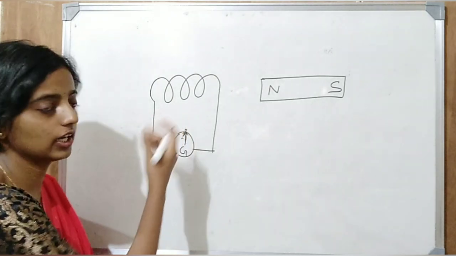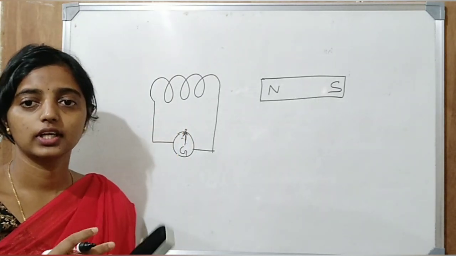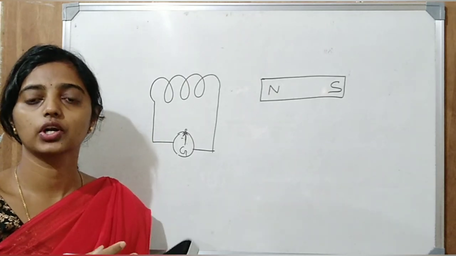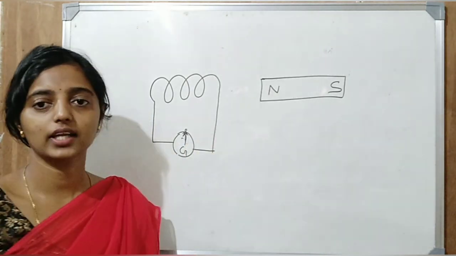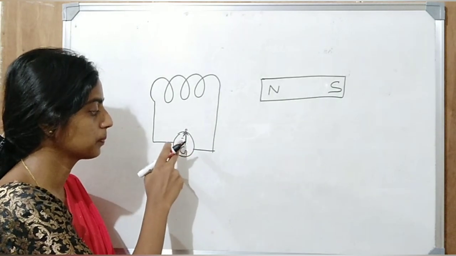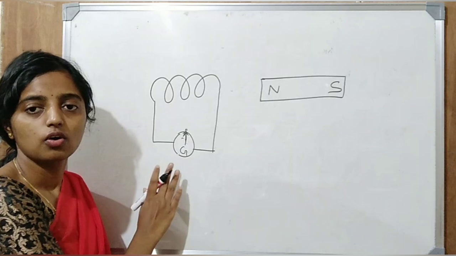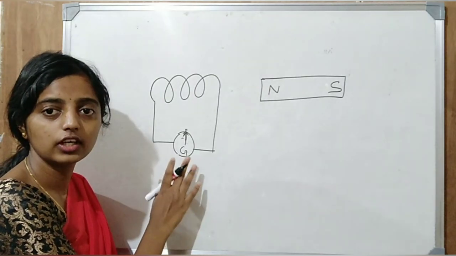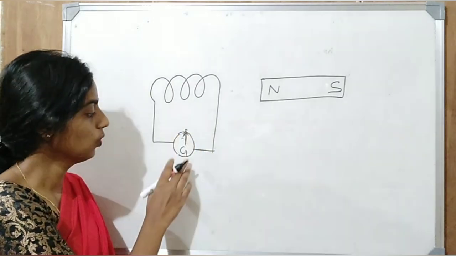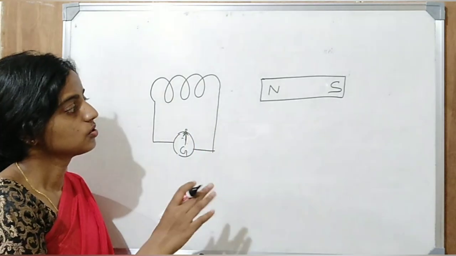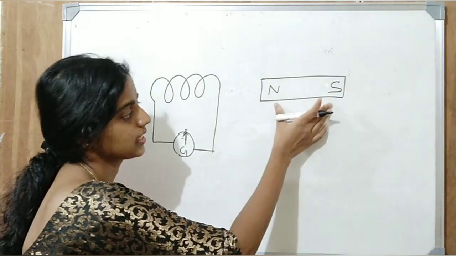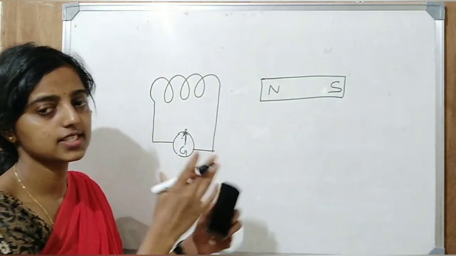So how will current form here? But he was thinking that without the connection of a battery, current would be produced if we have only a magnet. But here the galvanometer doesn't make any deflection. If it did, it would show there is some current here. But nothing happened.